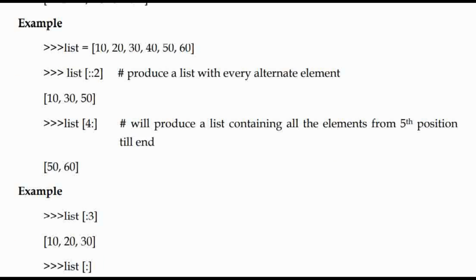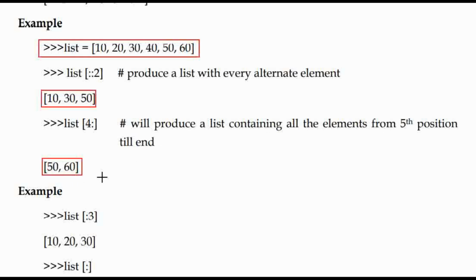List [10, 20, 30, 40, 50, 60]. To produce a list with every alternate element, L[::2] gives 10, 30, 50. L[4:] will produce a list containing all the elements from the 5th position till the end: 50, 60.